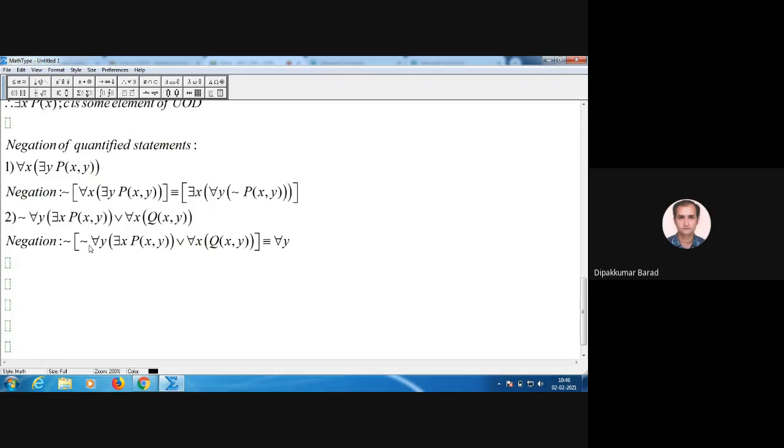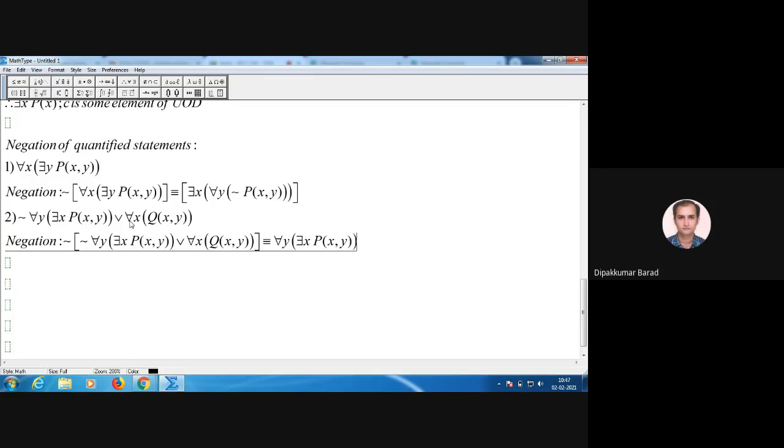But here we already have a negation on for all y, so negation of negation gives for all y as it is, and in bracket there exists x P of x y. The negations cancel out, so we get for all y in bracket there exists x P of x y as it is.